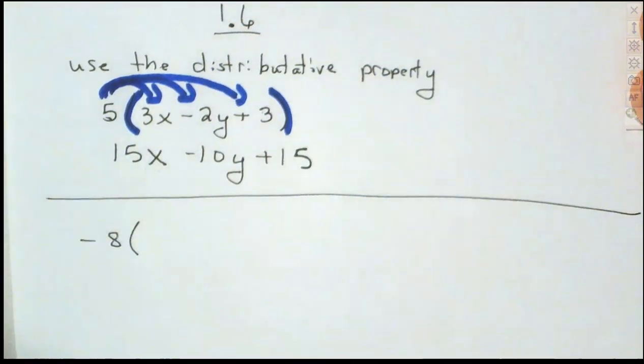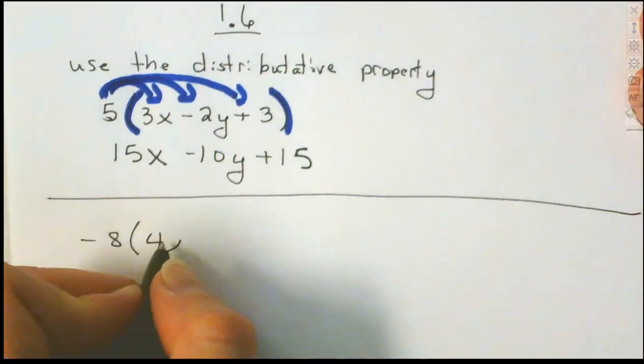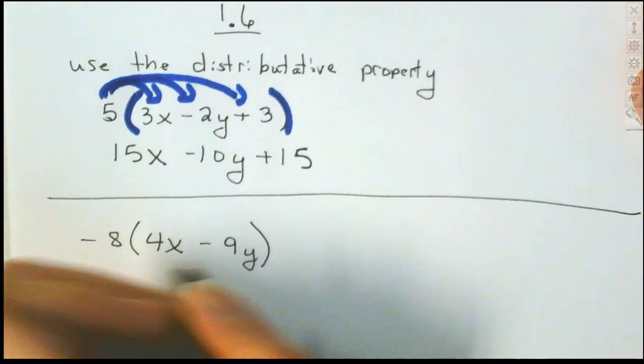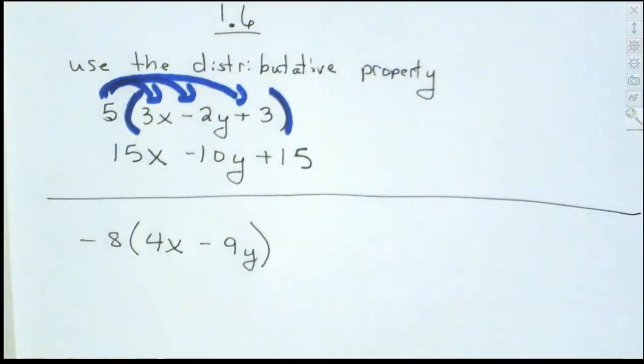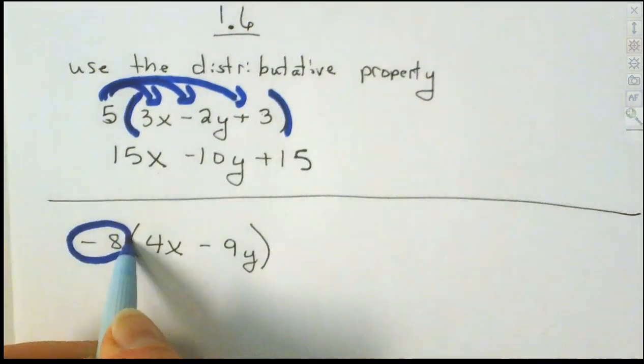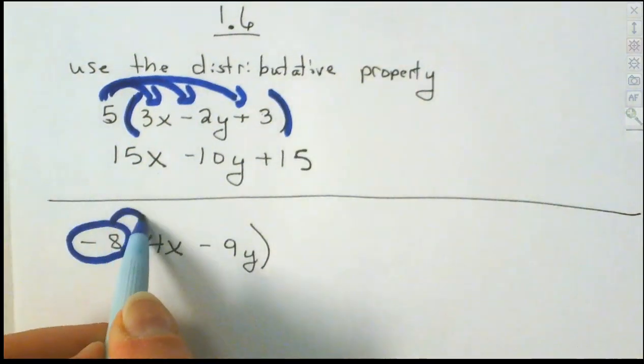So let's again use the distributive property with this one. In this case, I like to circle it because that negative goes through with the 8.